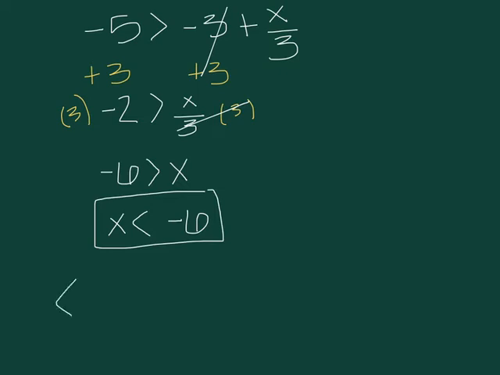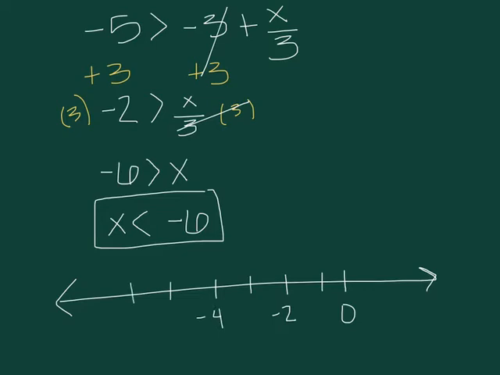Let's go ahead and graph this answer on a number line. So we'll put 0 over here, -1, -2, -3, -4, -5, -6, and so forth. So we know that our x values are smaller than -6.